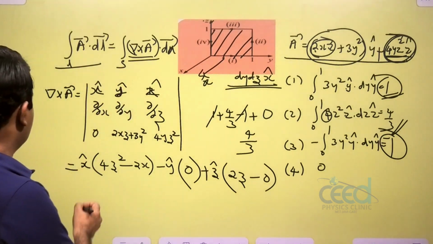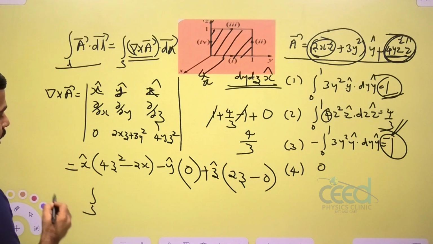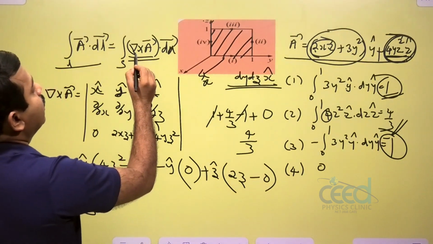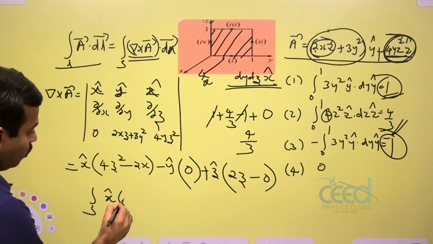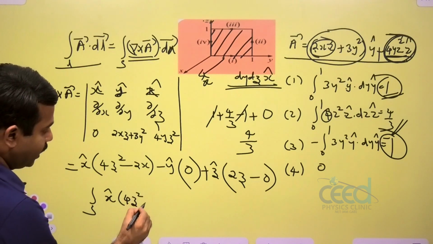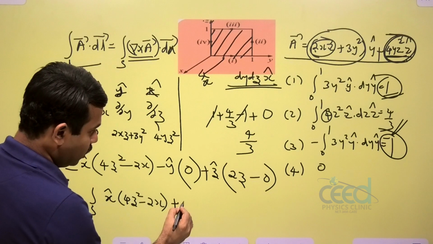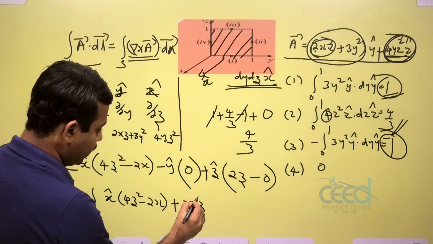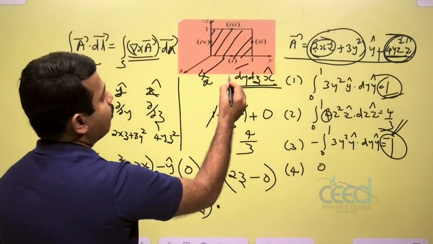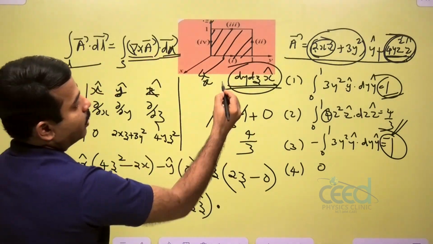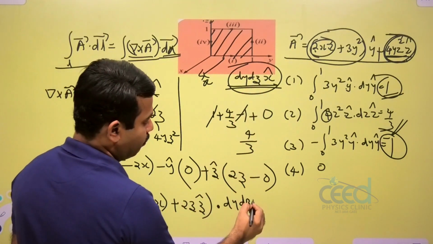Now I want to calculate the surface integral of del cross A dot ds. Del cross A I got is x cap (4z square minus 2x) plus 2z z cap, dot the area element dy dz x cap.